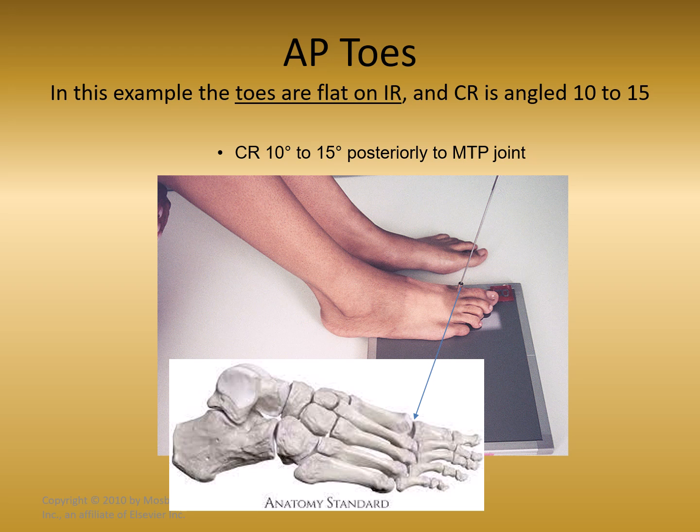And then I've input a picture here showing you the joint spaces, the angle of the joints, and I just continued that central ray from the picture of the person's foot into the picture of the bones of the foot, where we can see that that central ray is going to slide right through those joint spaces on that patient's foot. So that is the purpose of the angulation of the tube for the AP toes.